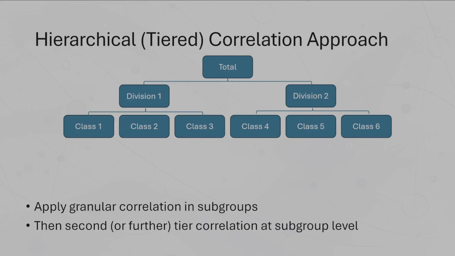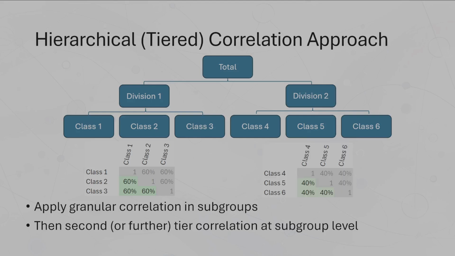So here, instead of aggregating all 6 classes directly up into the total, we're first going to aggregate 1, 2, and 3 up into a division 1 subtotal, and 4, 5, and 6 are going to aggregate up to division 2. And this changes which correlations we're going to apply, because now we only need to apply a 3x3 correlation matrix to classes 1, 2, and 3.